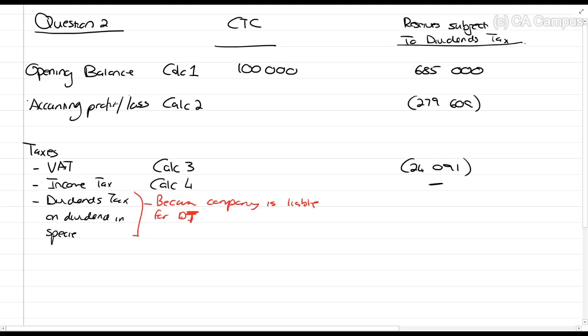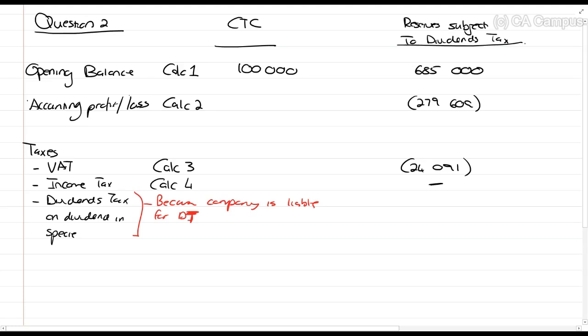Okay, now in this case, I'm not going to write it all out, but let's just quickly talk about it. What is the dividends tax? The dividend that you can argue here is the distribution of those trading stock, that market value there, because of the fact that they've given it at some premium.